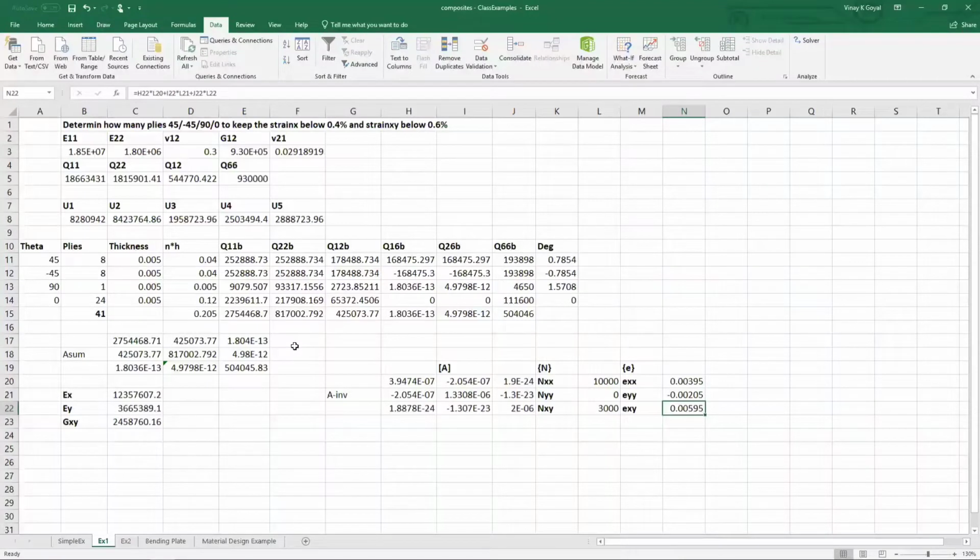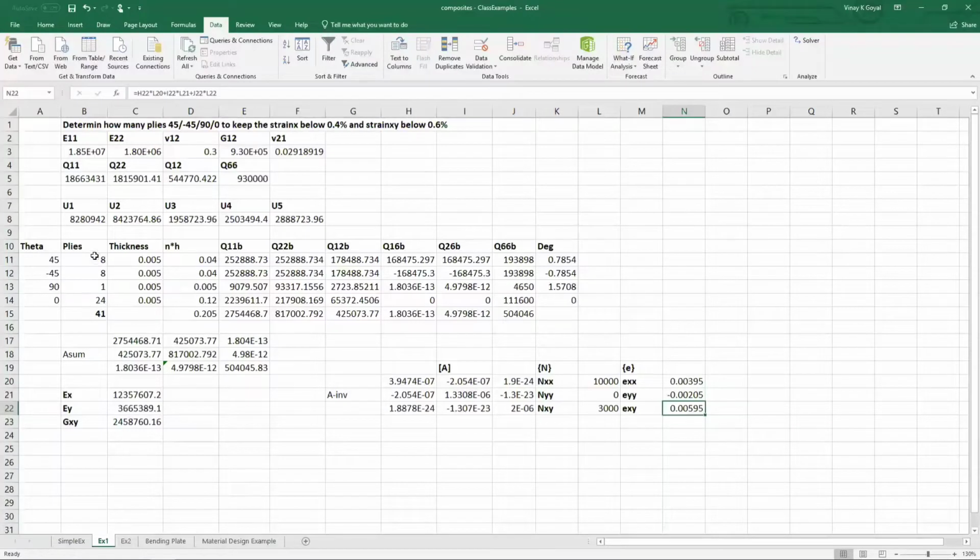So the first step then is to calculate the A matrix. That's really what we need to do. I've done it here in a simple way. This is your A matrix. And notice that A inverse times the vector N of force resultants will be equal to strain. This is true only for symmetric laminates because the B matrix goes to 0, as discussed in the previous lecture, if you recall.